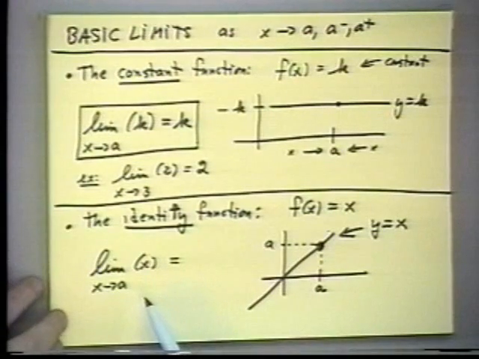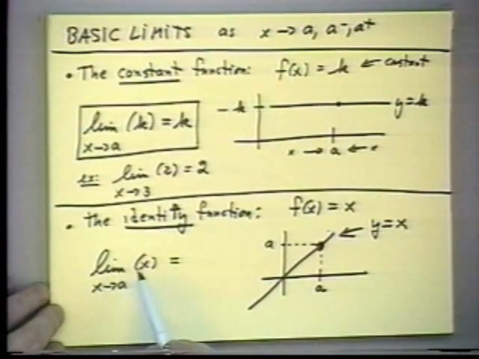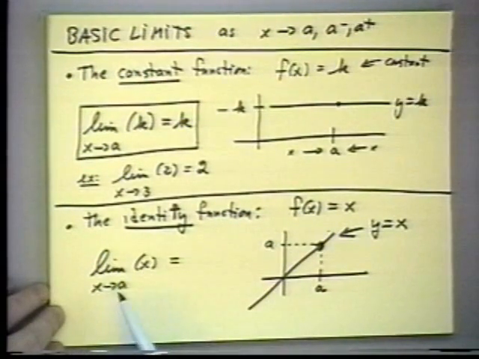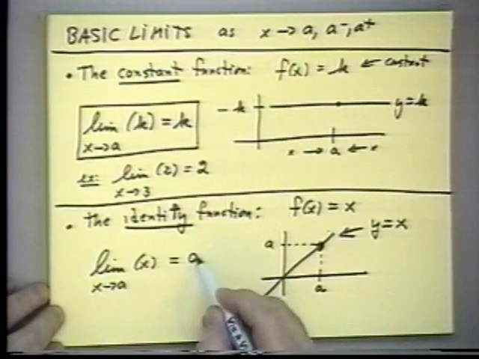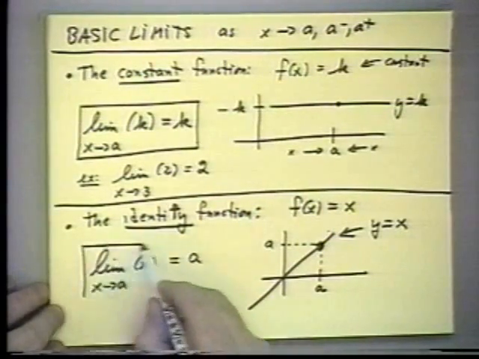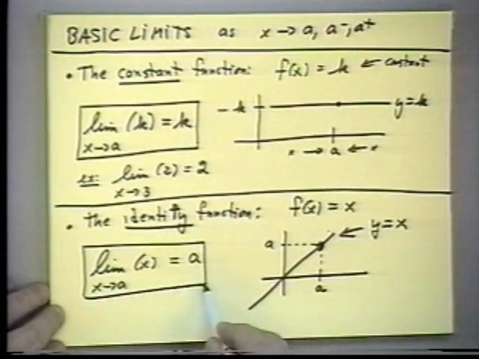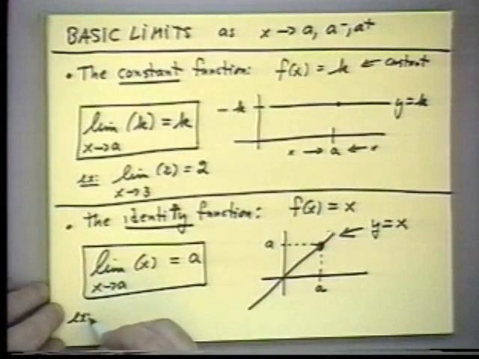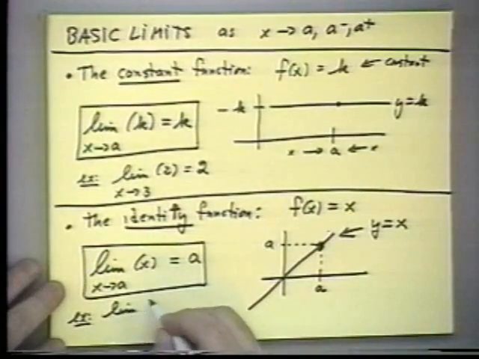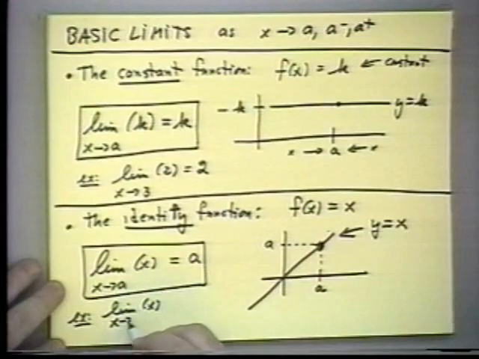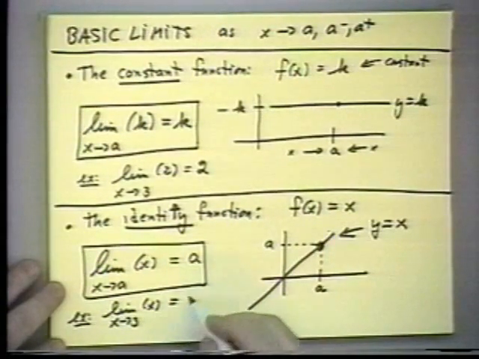If you just listen to what I said and what you say as you're working this problem, what is the limit of x as x approaches a? What does x approach as x approaches a? Well, of course, it approaches a. We're saying the same thing twice, it seems. So, for example, you might try the limit of x as x approaches 3. Well, that's 3.